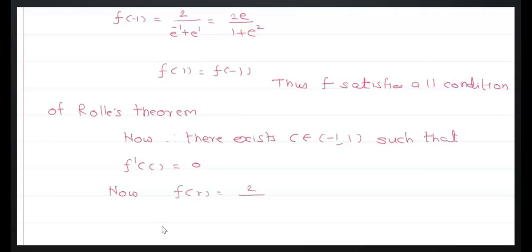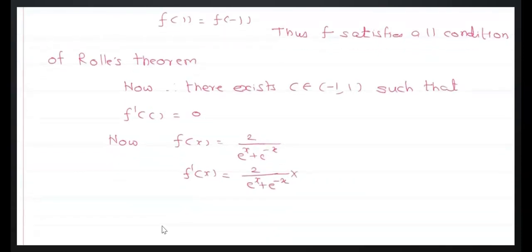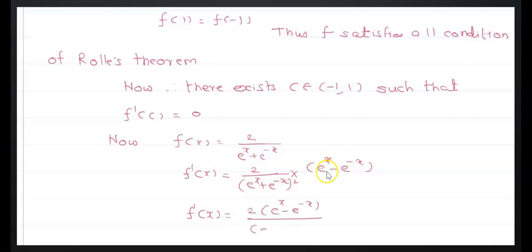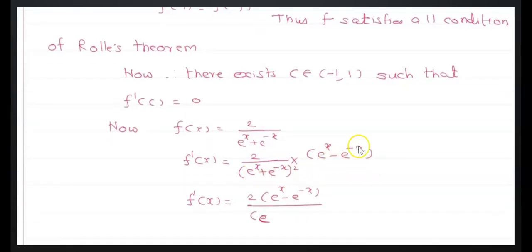Now the given function f of x is equal to 2 upon e raised to x plus e raised to minus x. F dash of x is equal to 2 upon the bracket e raised to x plus e raised to minus x squared, into d by dx of e raised to x plus e raised to minus x, which is e raised to x minus e raised to minus x.